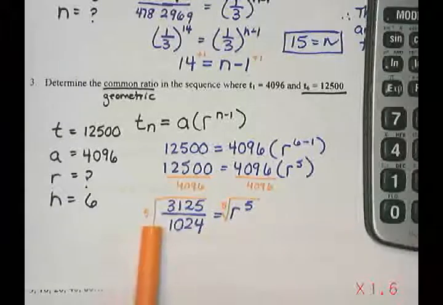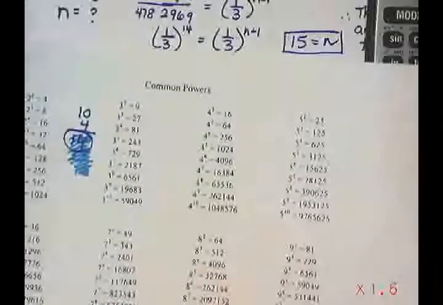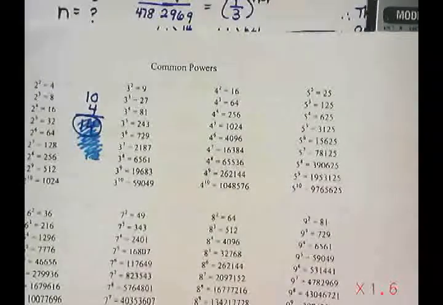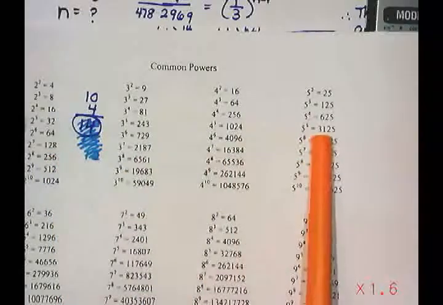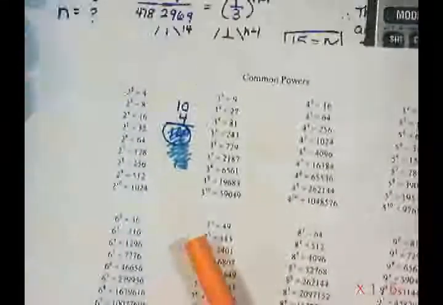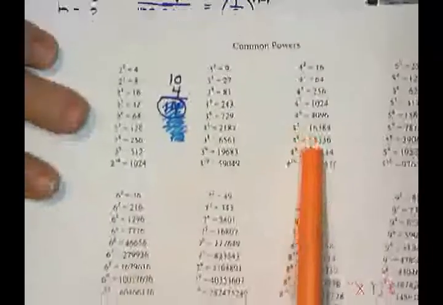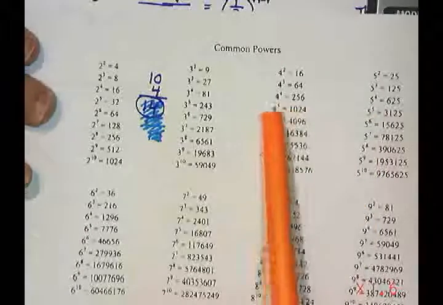So to figure out the fifth root of 3,125, we could look at our power sheet and look for something to the power of 5 that gives me 3,125. And I notice that 5 to the power of 5 is 3,125. And then 1,024 is 4 to the power of 5. So the fifth root of that would be 5 over 4.